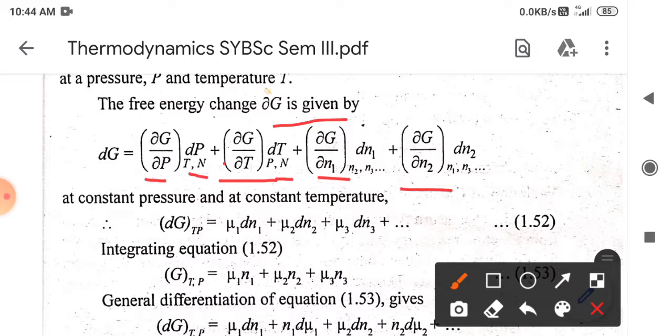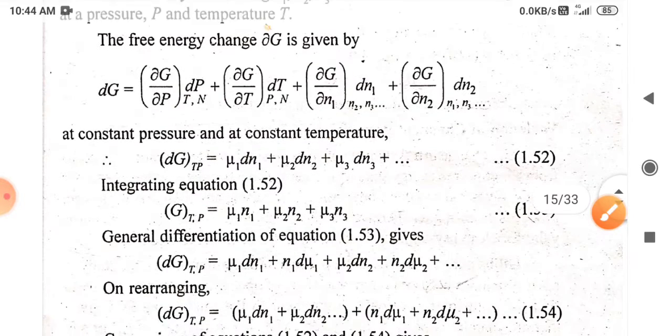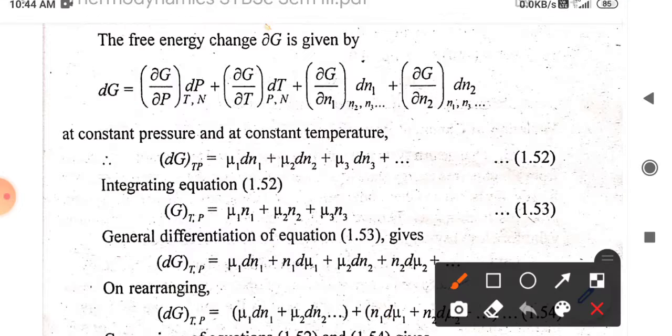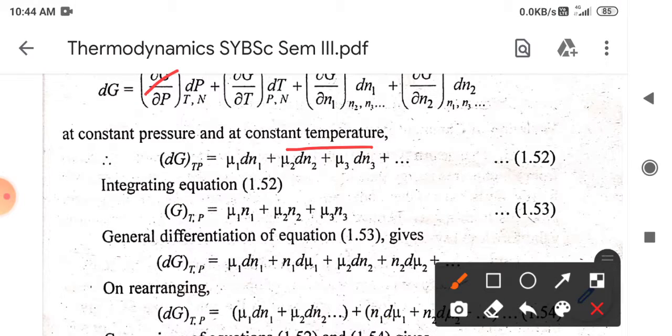Likewise we can have the various changes in the Gibbs free energy with change in the number of moles of each component. Now at constant temperature and pressure we can simply neglect these two terms, so we are left with only this term into dN1, this term into dN2, likewise.